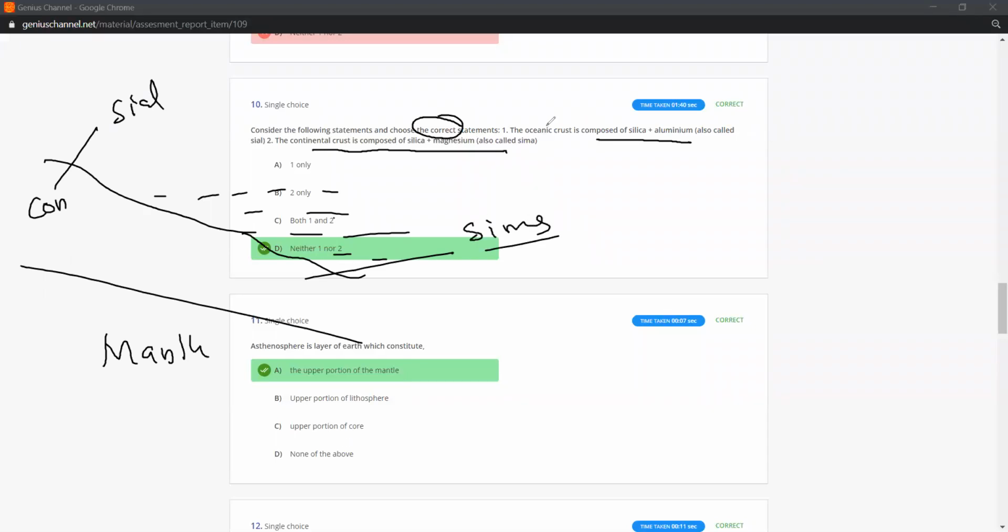But here it is given the other way around. Oceanic crust is known as Sial, and continental crust as Sima. Sima means silicon and magnesium, whereas continental crust is made up of silicon and aluminium, but they are given interchanged. So when you ask about correct, neither one nor two is correct.